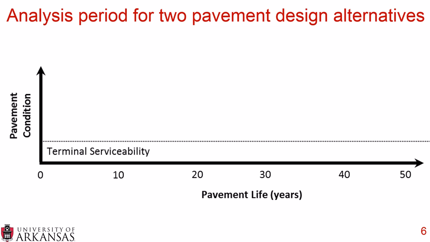There is some pavement condition which indicates a terminal serviceability, or the road is no longer usable for traffic, so that's some sort of minimum pavement condition. And you can put general pavement conditions on the y-axis. So for example, a PCI of A is the best. A PCI of C is getting lower. And a lot of places say a PCI of D is the terminal serviceability.